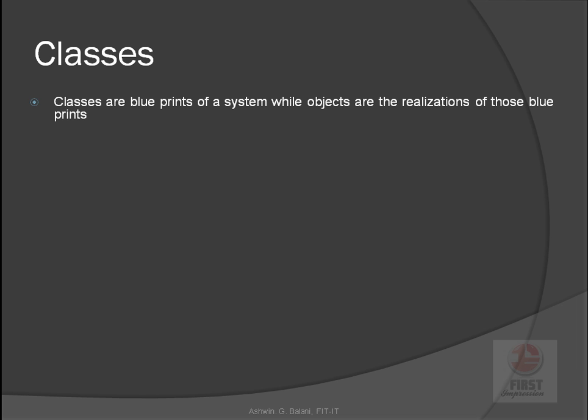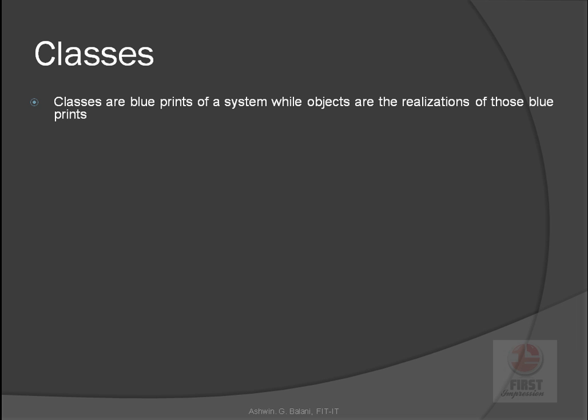Classes are nothing but blueprints of a system, and the actual realizations of those blueprints are objects. For example, if I say ball will be a class, we cannot say that this is a ball, that is a ball, but ball is a blueprint that comes into our mind.